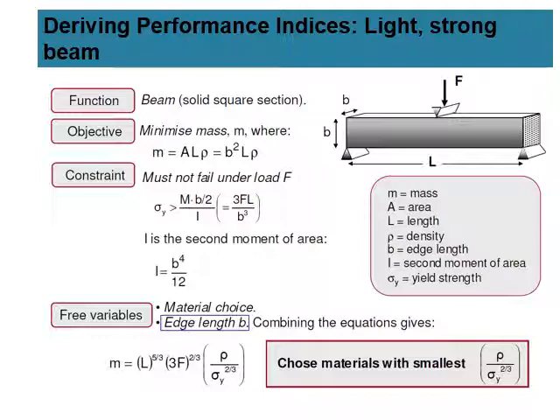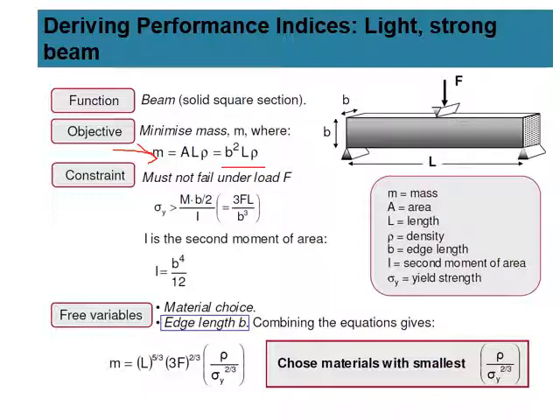Next, for the lightweight and strong beam. So strong beam means that you need to relate with the yield strength. Okay, yield strength or fracture strength, either one is okay. So of course, minimize mass, derive by this equation.